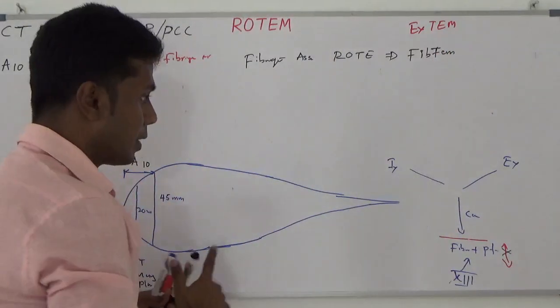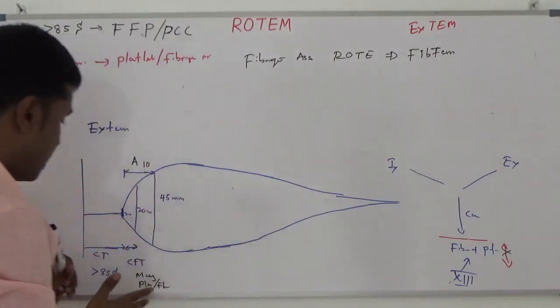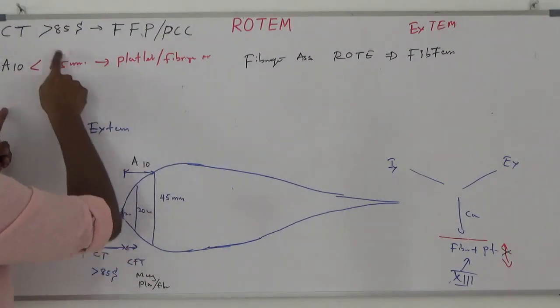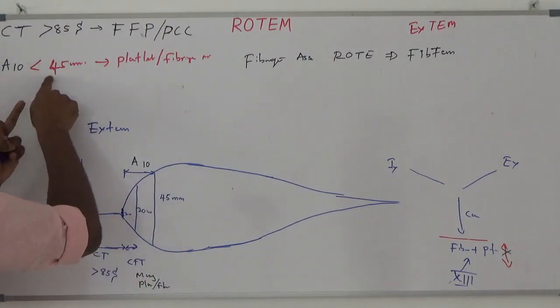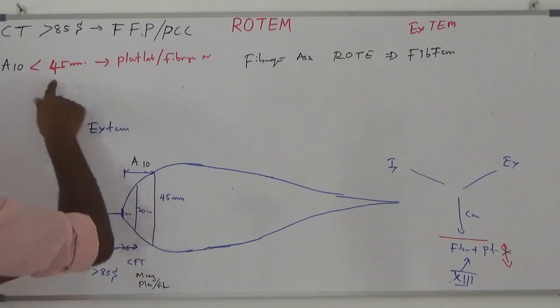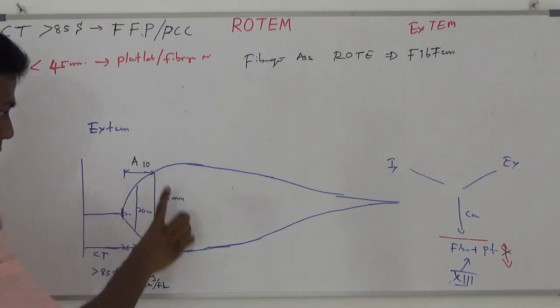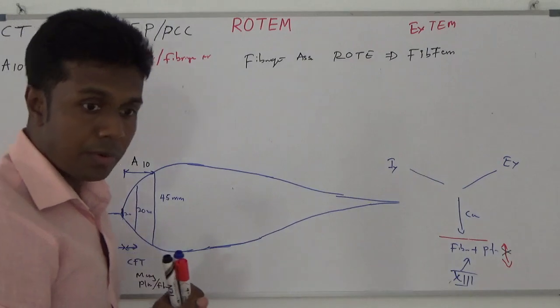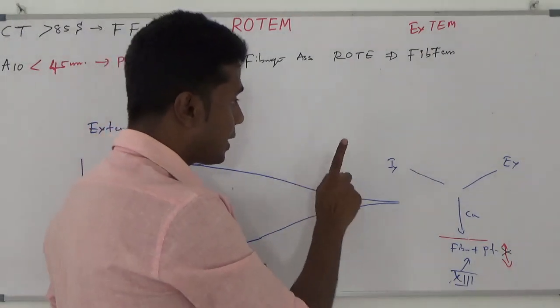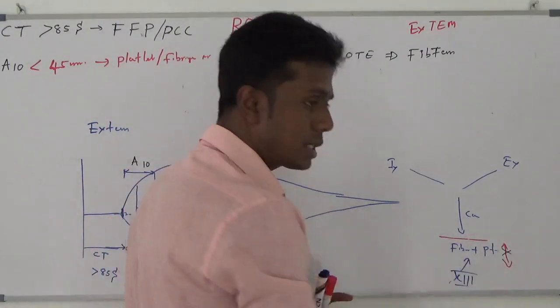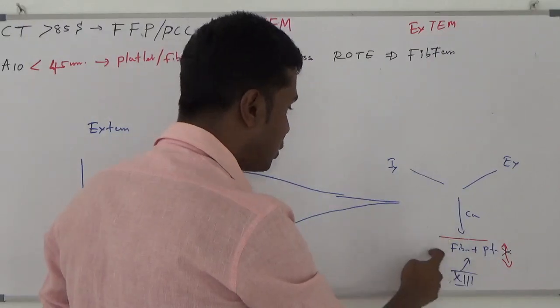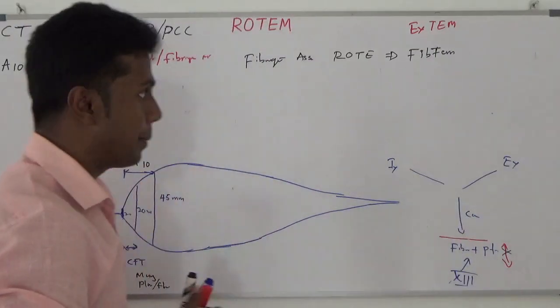Fibrinogen assessment. Now I am going to assess whether my patient has A10 less than 45, whether it is due to platelet or fibrinogen. For that, I am going to neutralize the platelet action and do a FIBTEM on my sample.